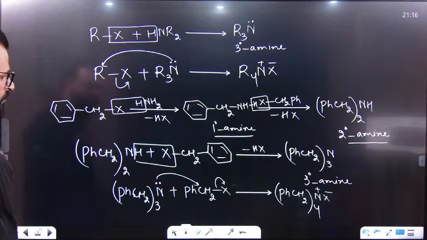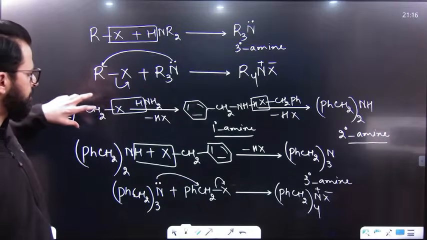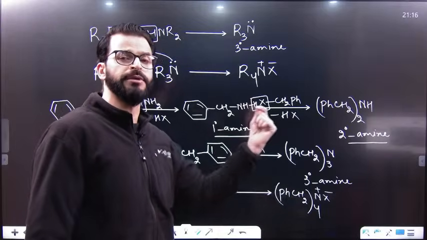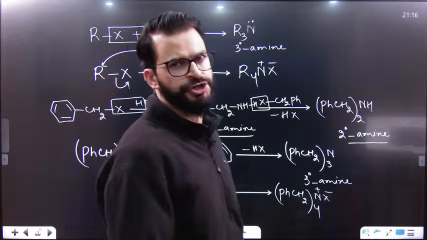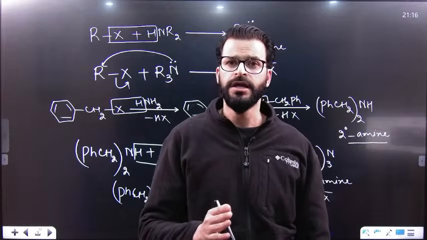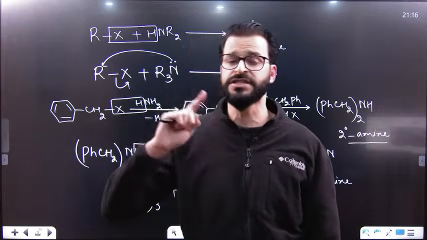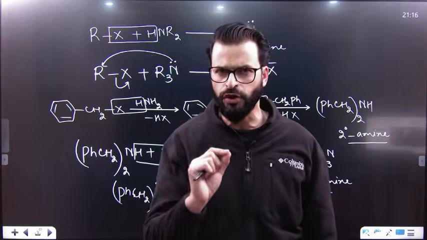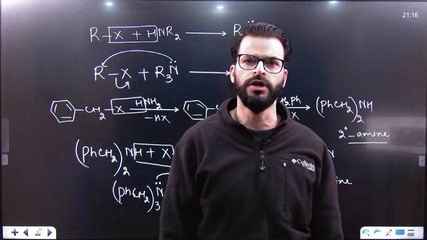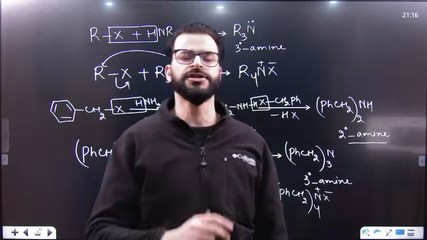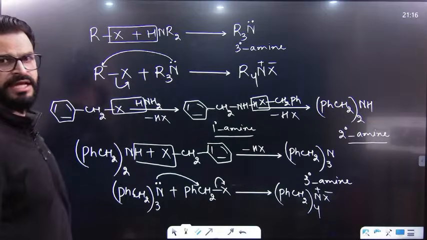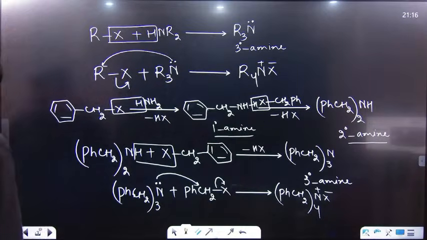That reaction, with the help of which you can convert alkyl halide and ammonia into quaternary ammonium salt via formation of primary, secondary and tertiary amine, is known as Hofmann's ammonolysis method. If the starting material is alkyl halide, we call it Hofmann's ammonolysis of alkyl halide; if it is benzyl halide, we call it Hofmann's ammonolysis of benzyl halide. I hope this is clear to everyone.